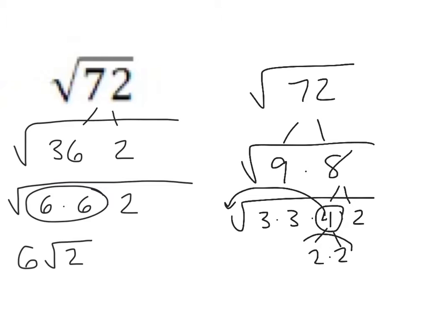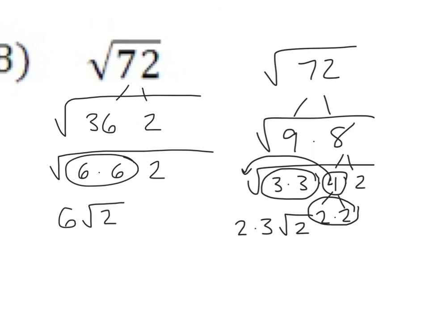So we're taking out this pair of 2's that's in the 4 and making it a 2 on the outside. And we also have to take out the pair of 3's and make it a 3 on the outside. We're left with square root 2. So it's 2 times 3? 6 square root 2. So we get the same answer.